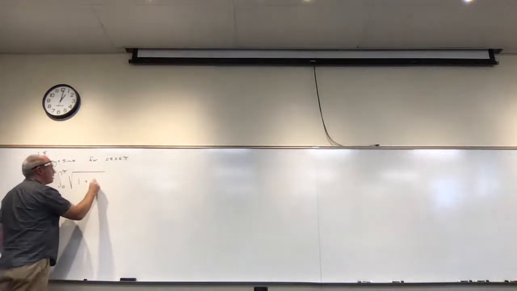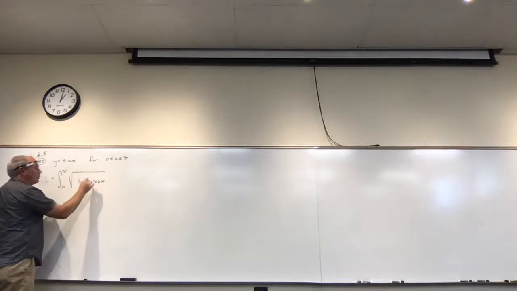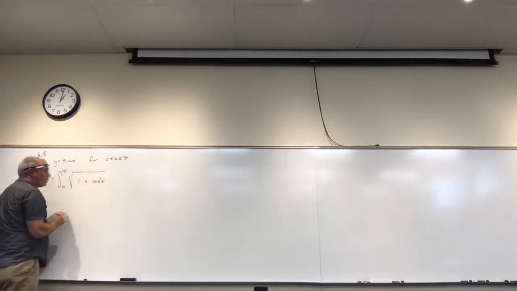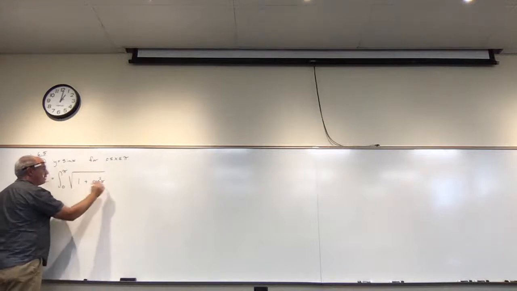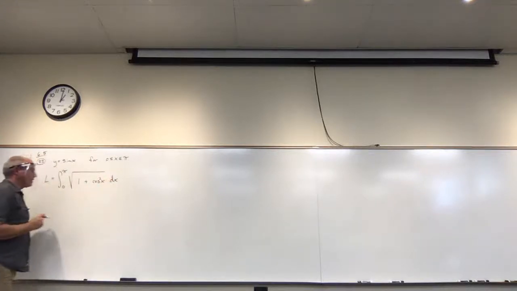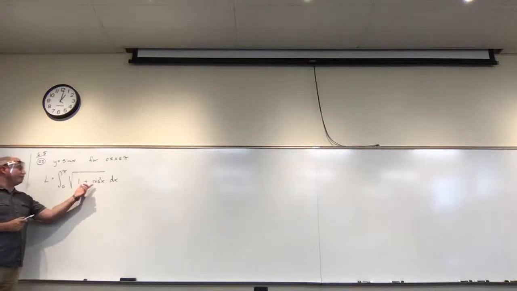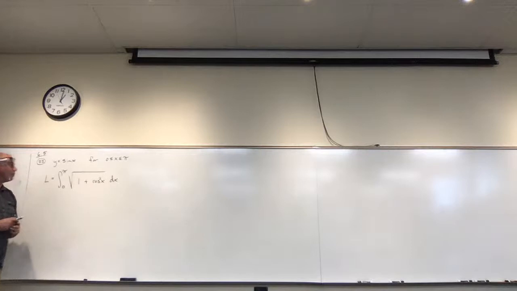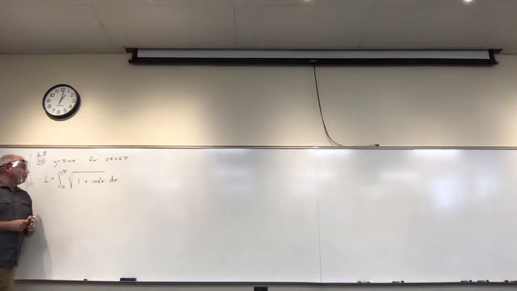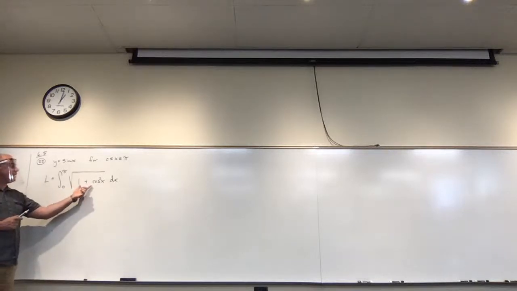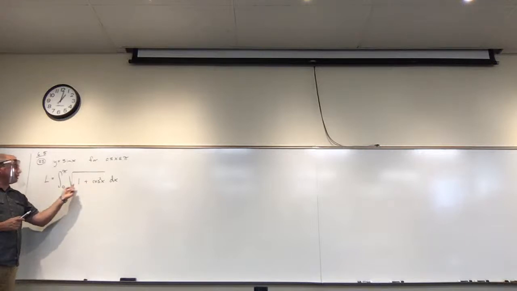Yeah, so cosine of x, and then we want to square that, so cosine squared of x, and then that's dx. Correct? Yeah, so the question is now, okay, now that we've done this, what do we do? This is definitely a little bit more tricky to figure out.